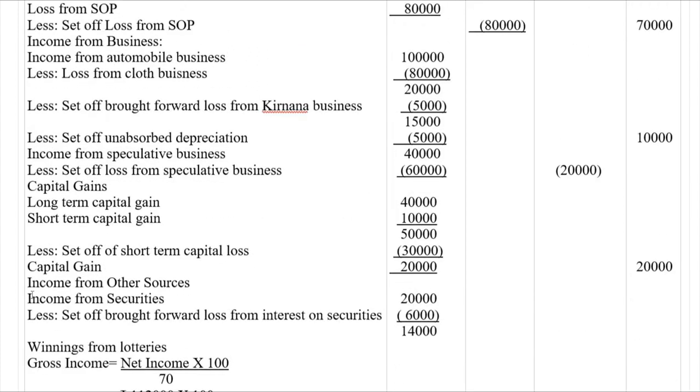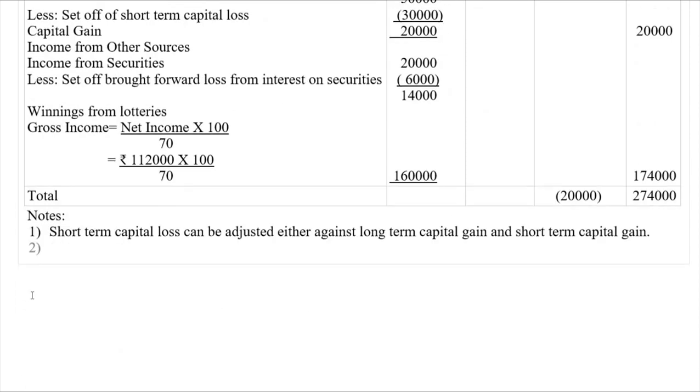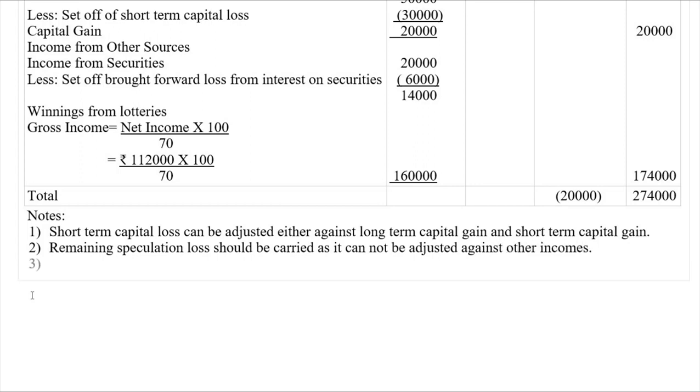Then the next one: the remaining speculation loss should be carried forward as it cannot be adjusted against other incomes. No losses can be set off against winnings from lotteries.